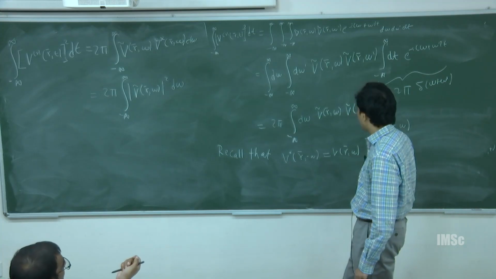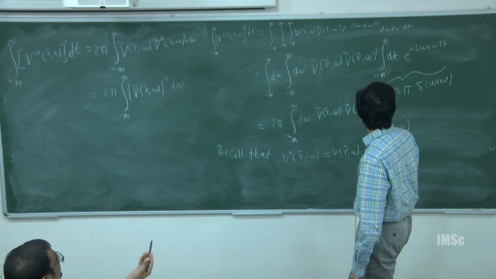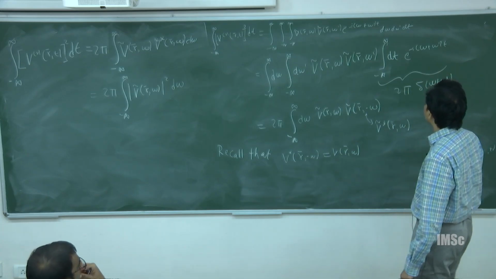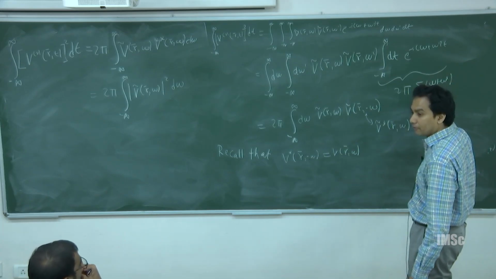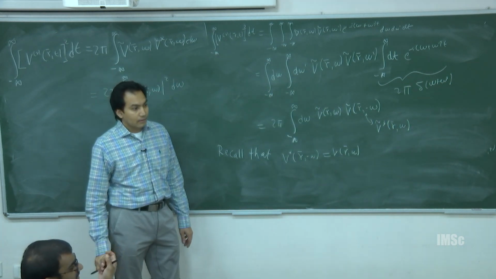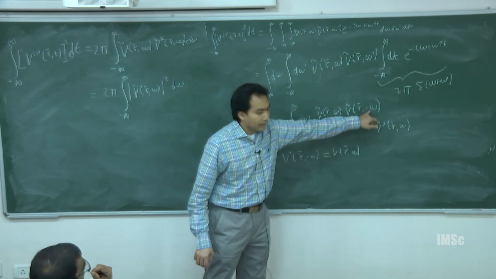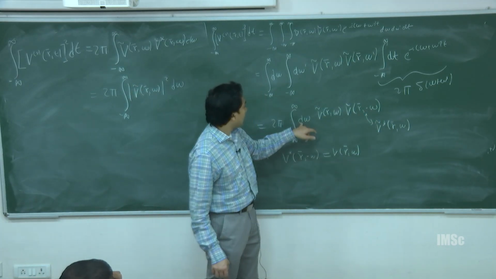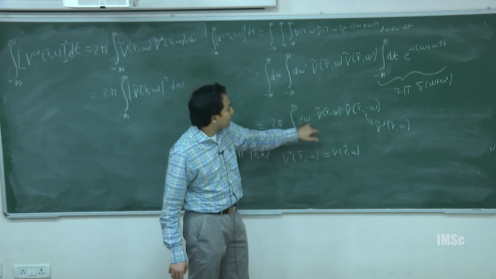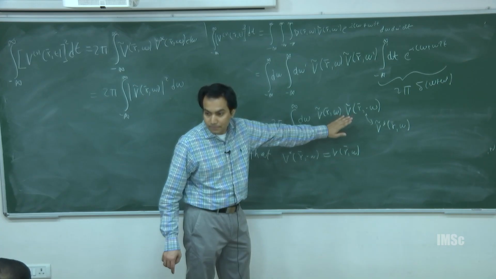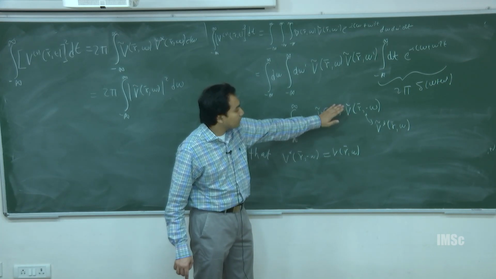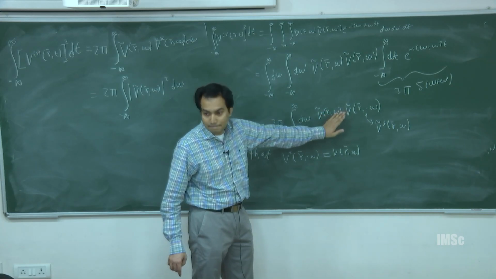But in the integral, you use the delta function to get to this. So when you enforce this delta function, you just get rid of one of the integrals, correct? And omega prime is equal to minus omega. Yes, but then it's integrated over omega. It's d omega. So we're not making any change of variable. We are not substituting minus omega prime for omega, nothing of that kind. Okay.